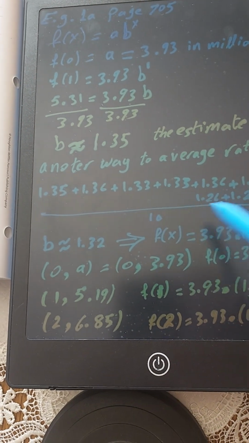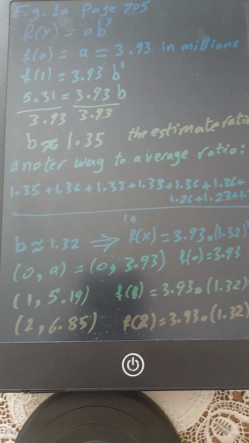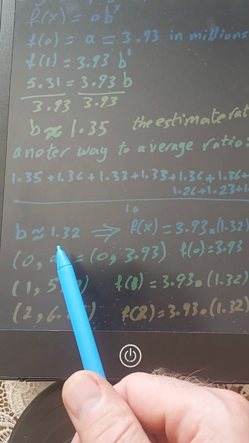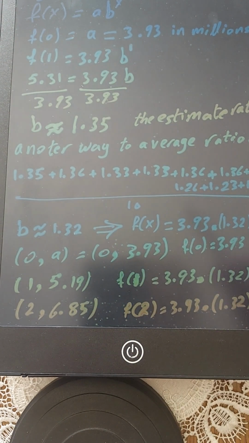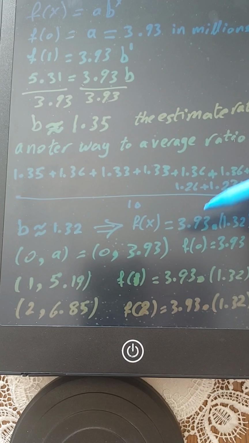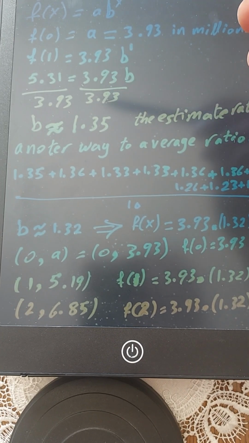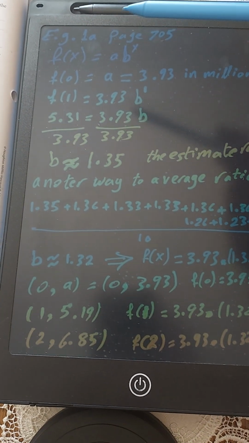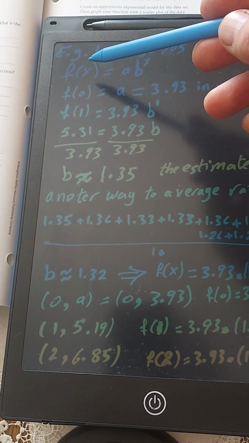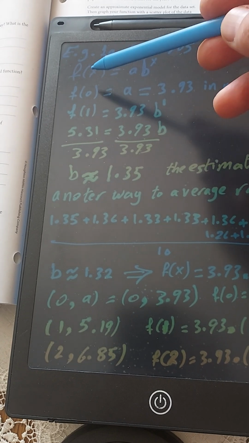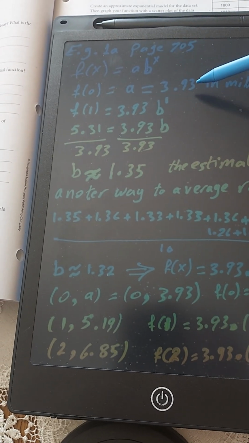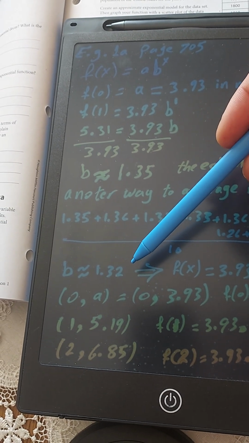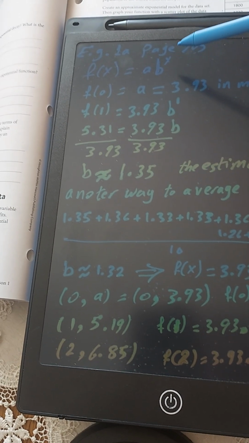We add these ratios together and divide by the number of ratios, which is 10. That will give us an estimated ratio of 1.32. So this way we can determine the function we'll use to graph the table: f(x) = 3.93 multiplied by 1.32 to the power x.